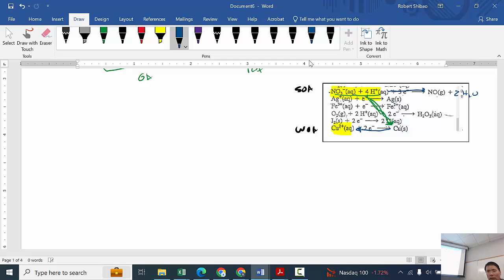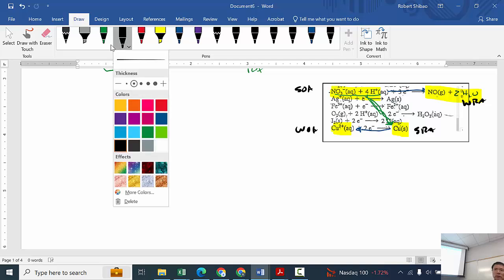And then we're going from, which one's stronger, copper or nitric oxide and water, as a reducer? Copper. This is a stronger reducer. This is a weaker reducer. That's because the reducers are flipped upside down.